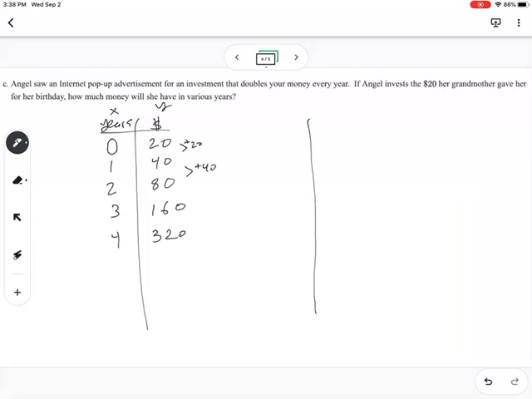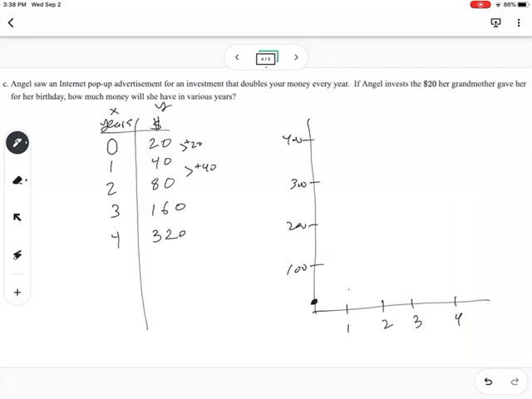So I'm going to make a graph that shows years. 1, 2, 3, 4. We'll go by hundreds. $100, $200, $300, $400. And so at 0, there's her starting investment, $20.